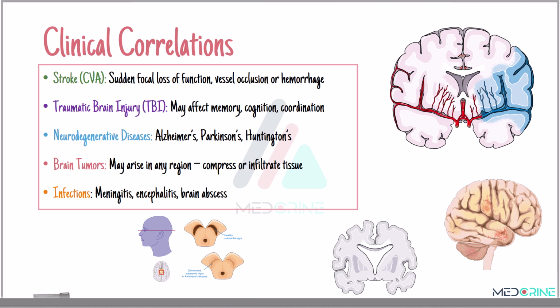Some diseases, such as neurodegenerative diseases, for example Alzheimer's and Parkinson's disease, affect specific brain regions over time. Brain tumors as well may compress and infiltrate the brain tissue, and sometimes infections such as meningitis and encephalitis require prompt diagnosis and management to prevent any permanent damage.